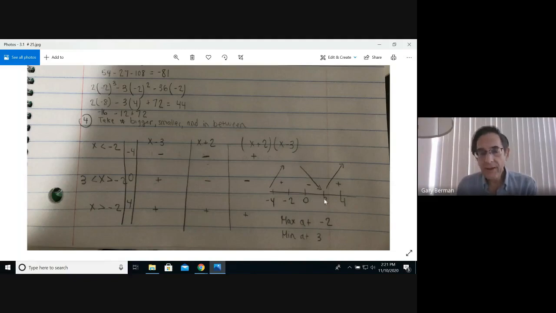And then over here for the critical point 3, you saw that the derivative to the left of it was negative, but the derivative to the right of it was positive. So the curve is coming down, going through x equals 3, and then coming up. So that tells you that at x equals 3, the y value is sitting at the bottom of a little valley or something. So that's going to be a minimum.